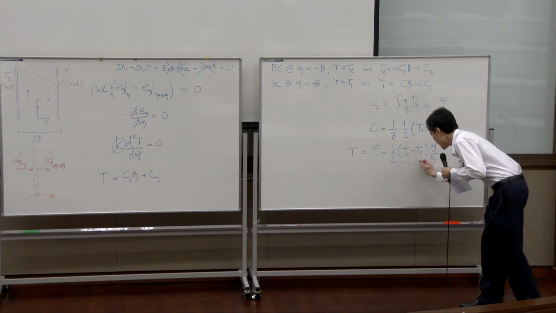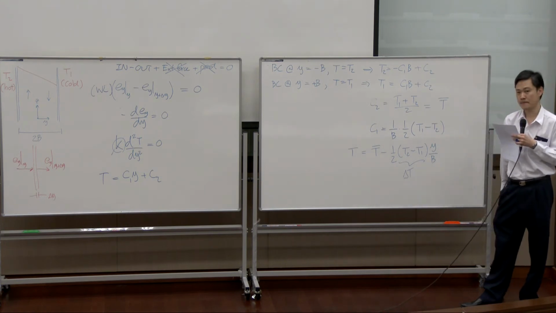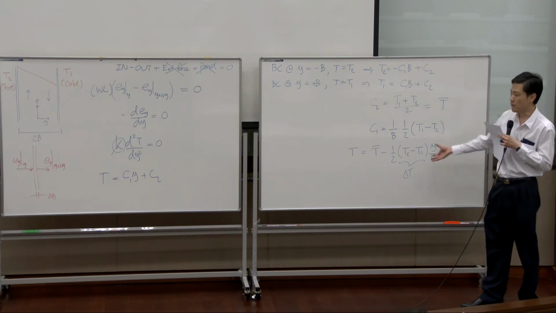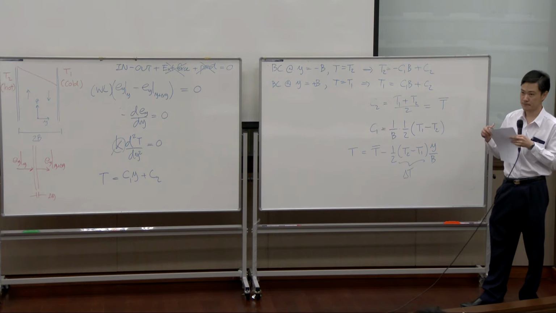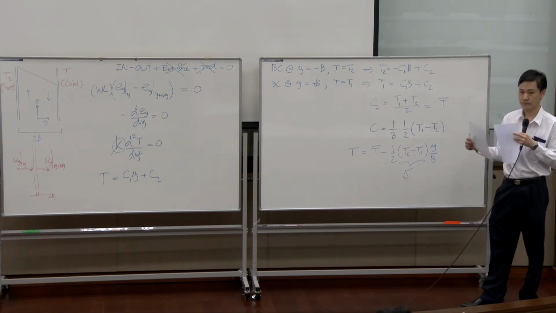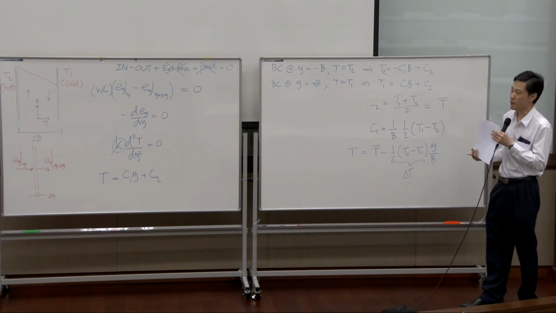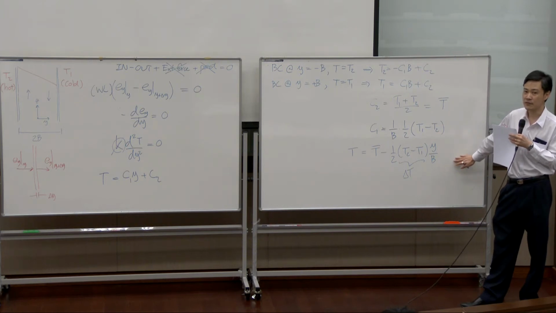And this can be said to be delta T. Okay? It's a linear temperature profile like that. Now, if we are interested in the temperature profile, this is the answer, this is it. We can stop.